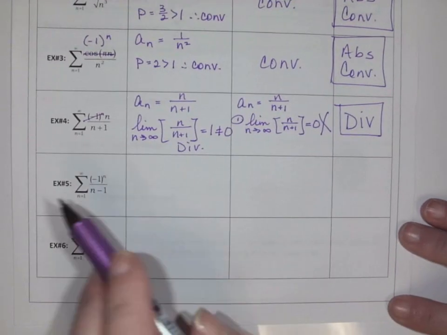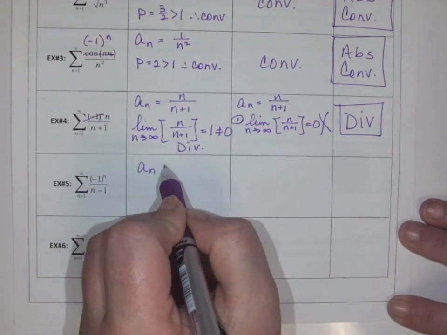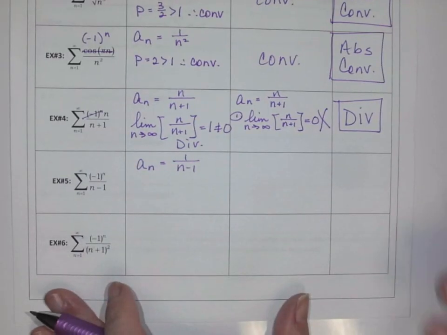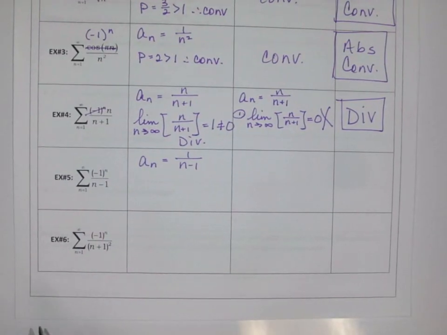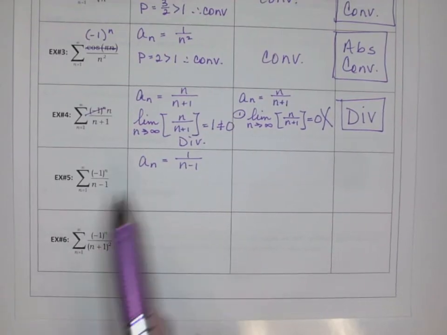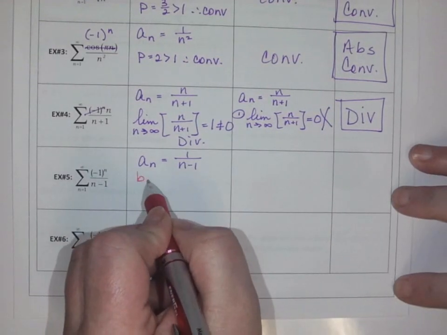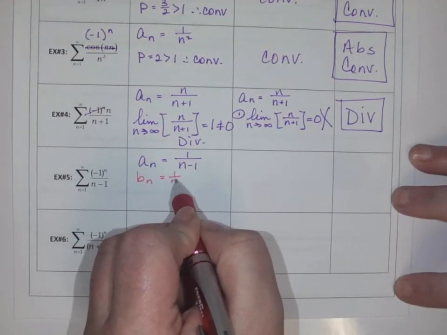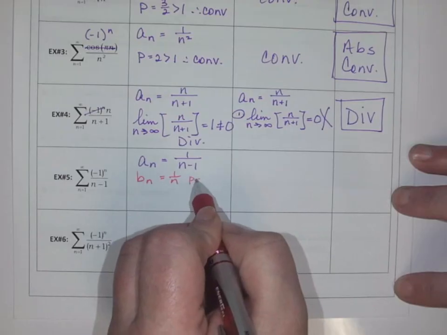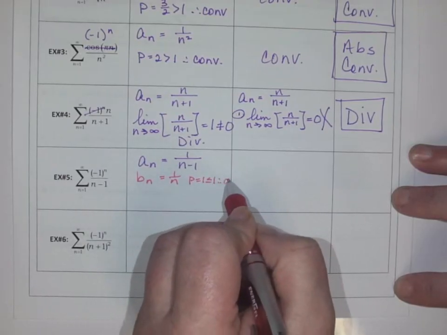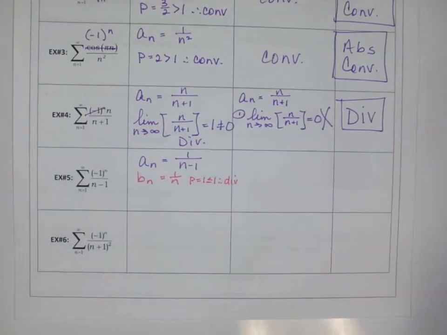Okay, now we have this guy. So if we ignore the -1 to the n, we have 1 over n minus 1. Okay, so how are we going to prove that convergent? Well, that is going to be close to a p-series. So I am going to compare it to b sub n, which is 1 over n, where p is equal to 1, which is less than or equal to 1, so therefore it diverges.